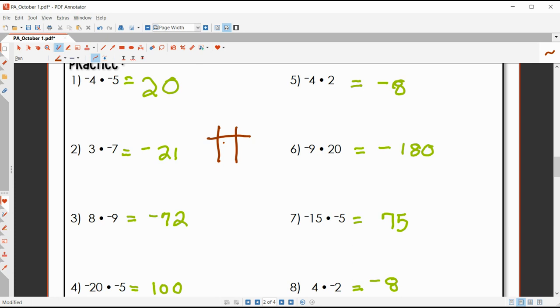The one thing you need to remember in all of this is that a positive times a positive equals a positive. So in my tic-tac-toe board, on the diagonal, I will put plus signs. And in all of the other spaces, I will put negative signs.